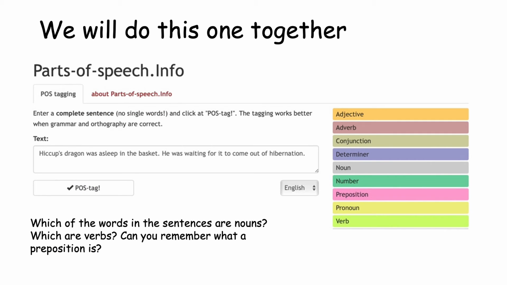So what I would like you to do is pause the video again and decide which of those words in the sentences are nouns, which are verbs, and whether there are any prepositions. Okay, so pause the video now while you underline those ones.